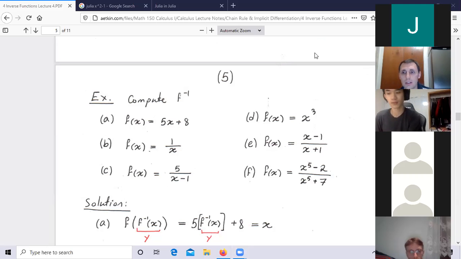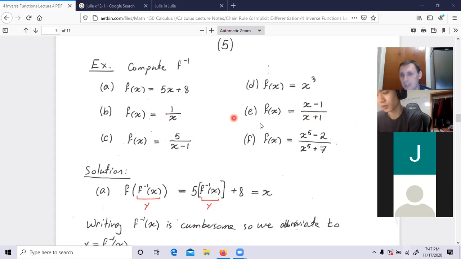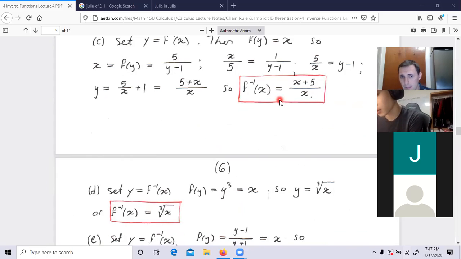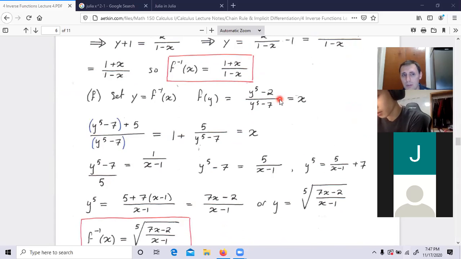So let's look at the solution, guys. You can afterwards do the questions again. It should be very fast to solve this. So again, we have y to the 5 minus 2 over y to the 5 minus 7 equals x. And I don't like that there are too many y's here. I see y to the 5 minus 7. I would have liked to see on the numerator y to the 5 minus 7. So I subtract 7 and add 5.